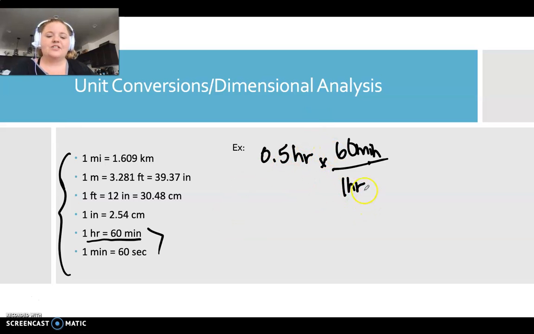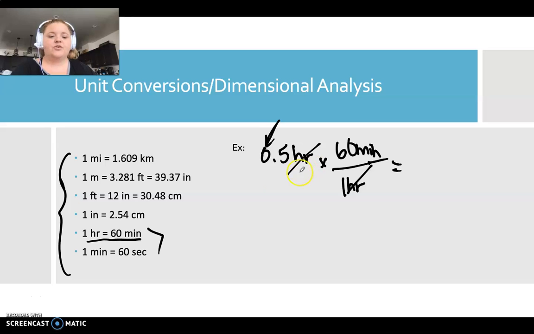But as I do this, notice where I placed everything. This was my initial, my given value, and this was in hours. I want to calculate this in minutes, so I'm trying to translate that into minutes. So I need minutes on top, and hours on the bottom, because I want my hours to cancel out.